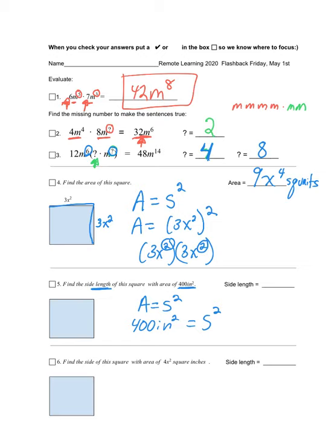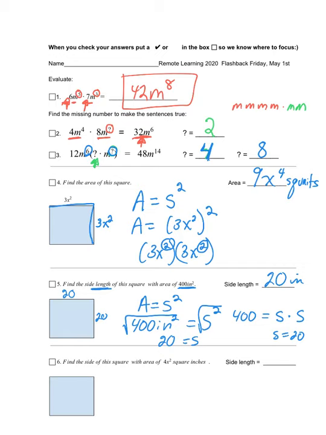I can either write this out, 400 equals what number times itself, s would equal 20, or I can find the square root of each side. The square root of s squared is s, and the square root of 400 is 20. So each side length on this square is 20 inches.